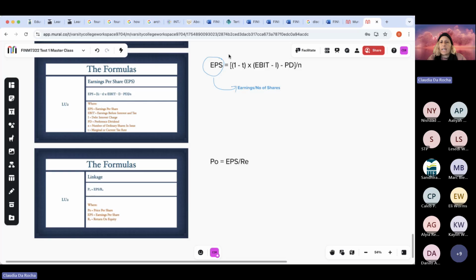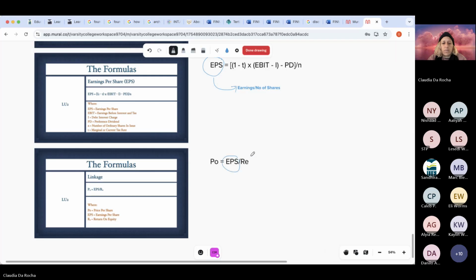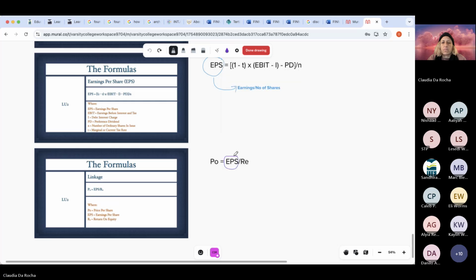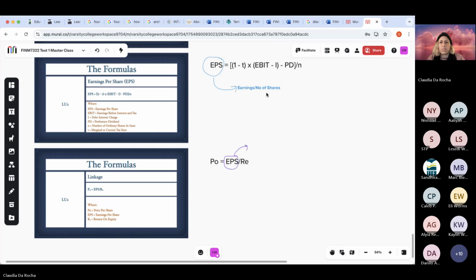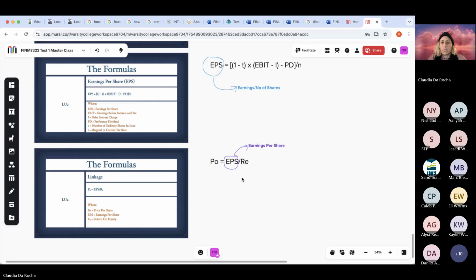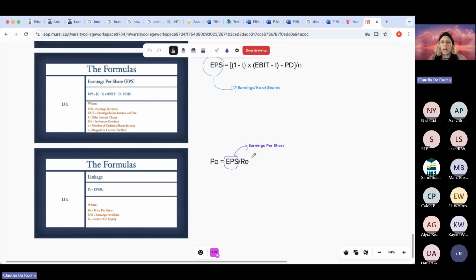And then the last one is for linkage, where we calculate the price per share. So we have our earnings per share, divided by the required return or the return on equity.